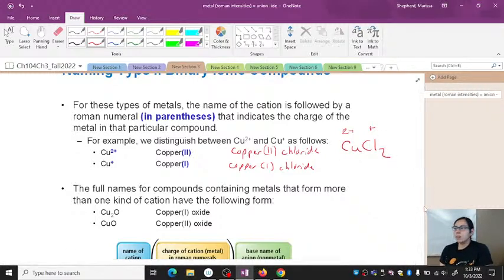CuCl2. And what about for copper(I) chloride? What would the formula be? CuCl. And again, you could do your little swap trick. So 1 plus, 1 minus, and that gives you 1 and 1, so of course we don't have to write anything.